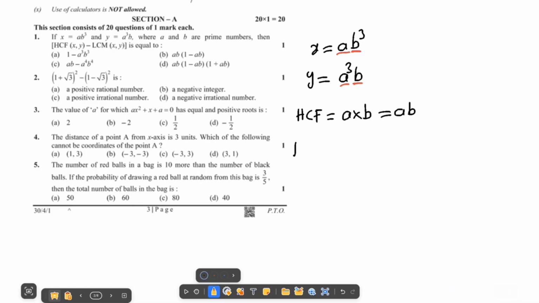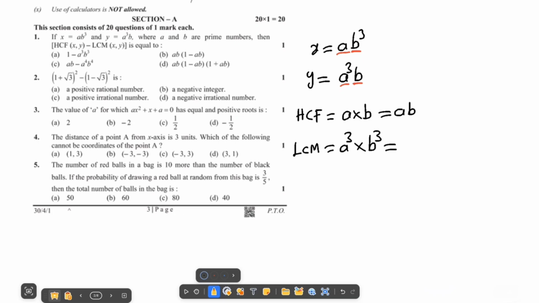Next, LCM. So what is the formula of LCM? Product of greatest powers of all the prime factors. No need of common. So in a, a cube is greatest. In b, b cube is greatest.